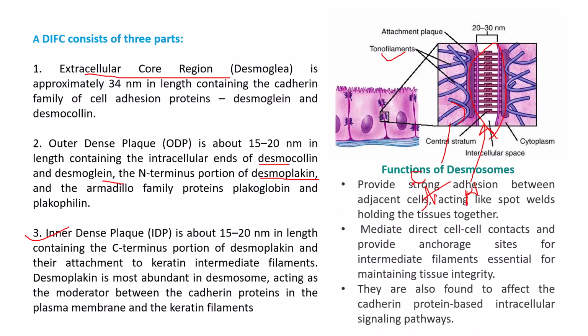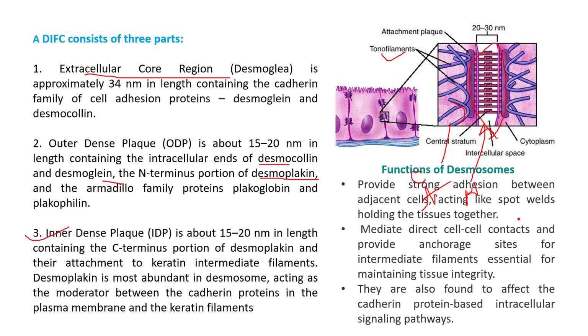So what are the functions of desmosomes? They provide strong adhesion between adjacent cells and spots holding the tissues together. They mediate direct cell-to-cell contact for intermediate filaments and are essential for maintaining tissue integrity.